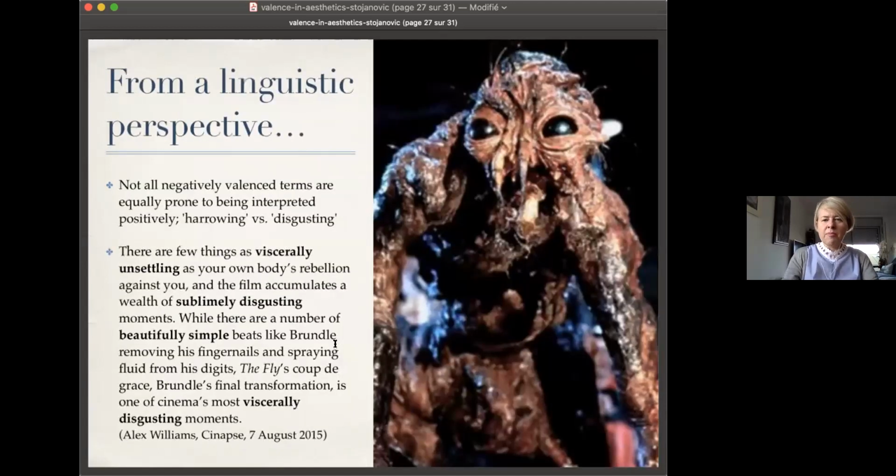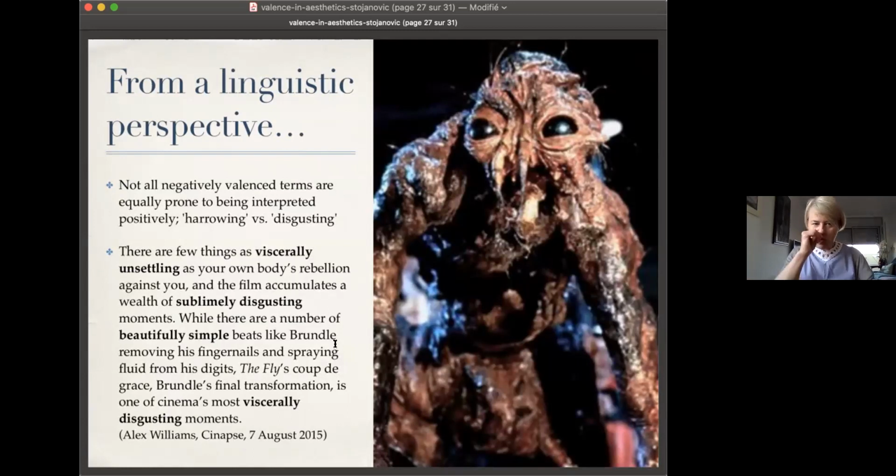So before sketching the two approaches that you can have in language, one thing that should be clear is that not all negatively valenced terms are equally prone to be interpreted positively.